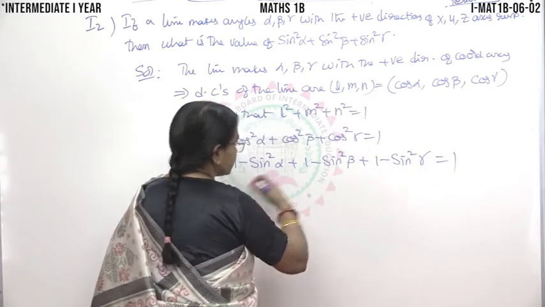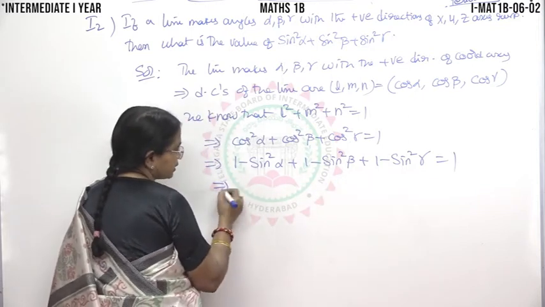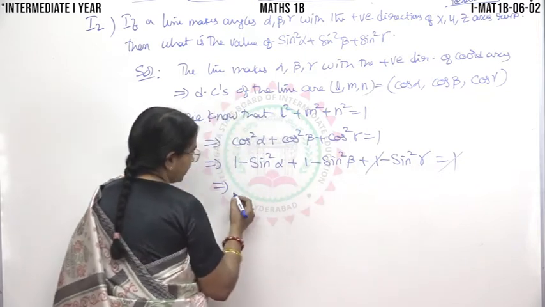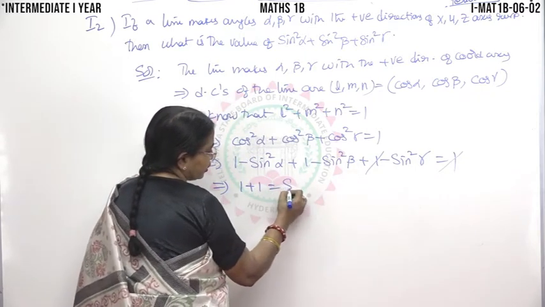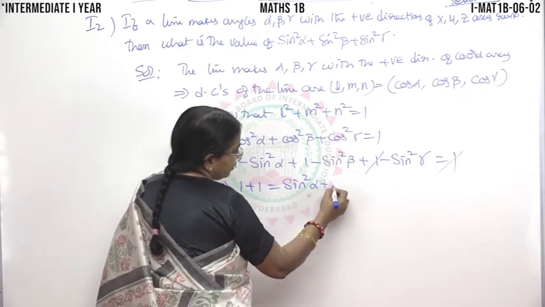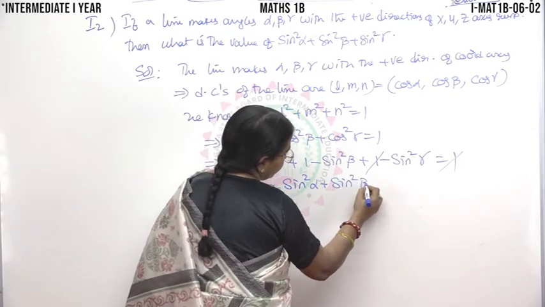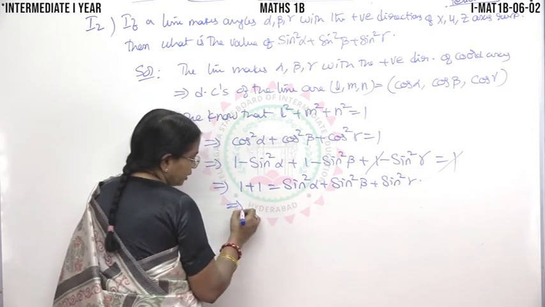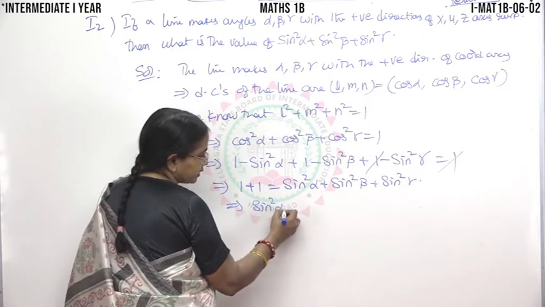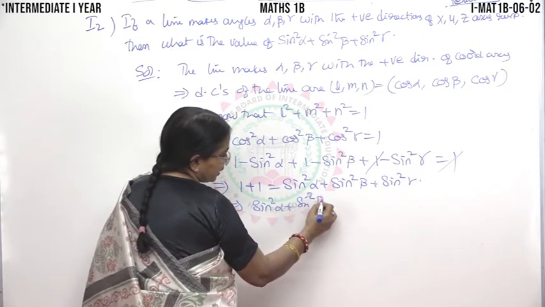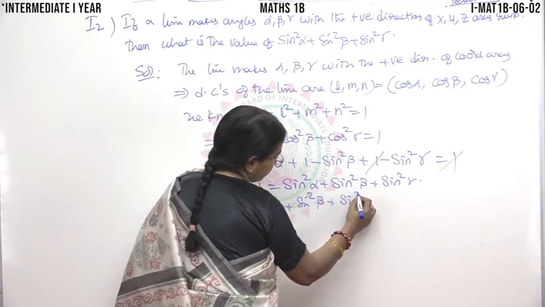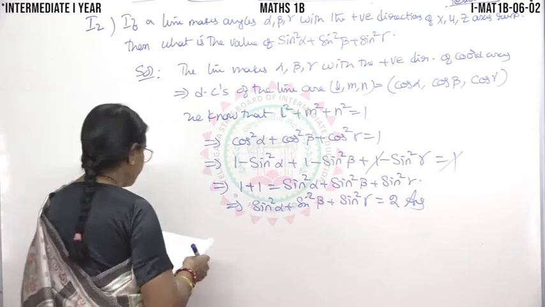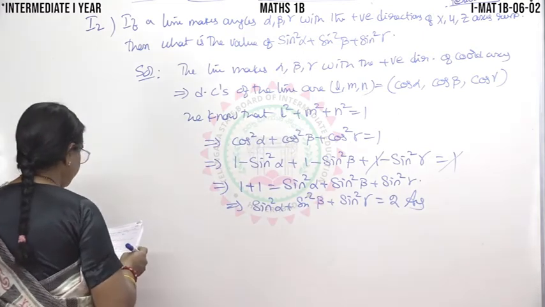Now take sine square alpha and so on to that side, and 1 will get cancelled on this side. So 1 plus 1 is equal to sine square alpha plus sine square beta plus sine square gamma. So that means sine square alpha plus sine square beta plus sine square gamma is equal to 2. So the value is 2. That is the answer. Okay, next problem.